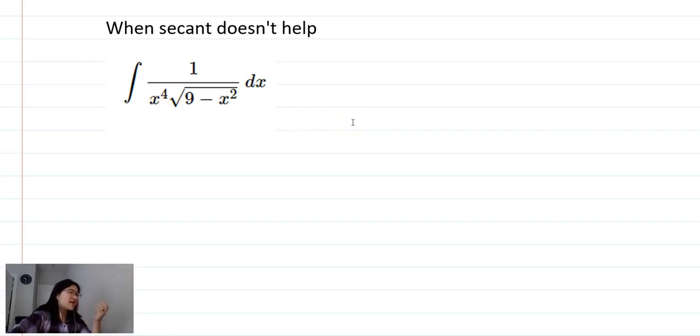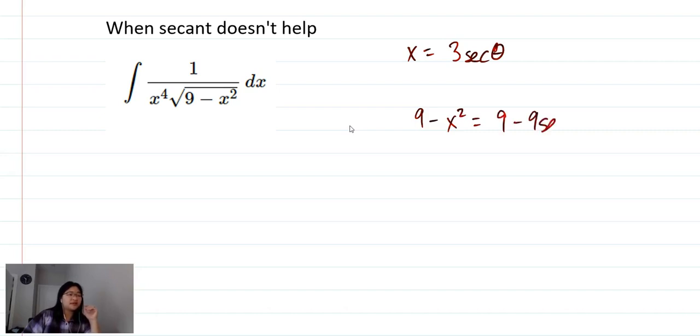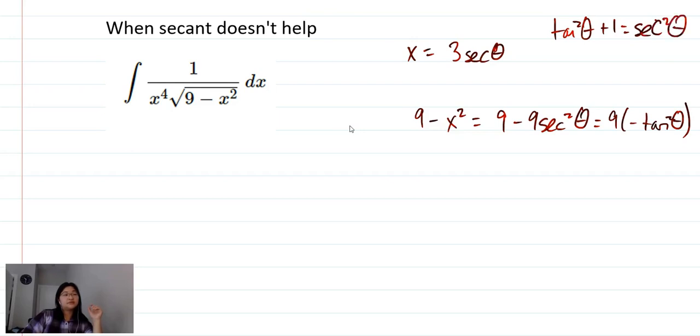And if we let x equal something like 3 secant theta, then what's inside our integrand, this 9 minus x squared, is going to be 9 minus 9 secant squared theta, which is equal to 9 times negative tangent squared theta, because tangent squared theta plus 1 equals secant squared theta.